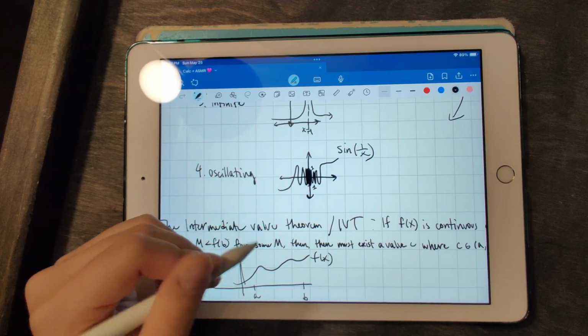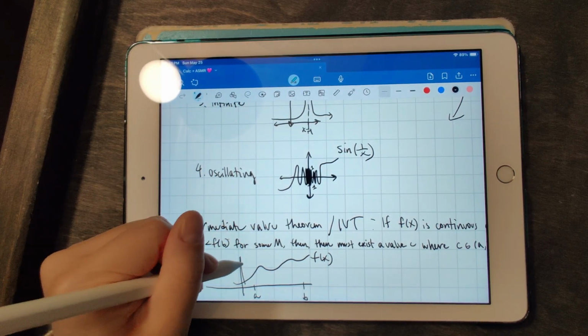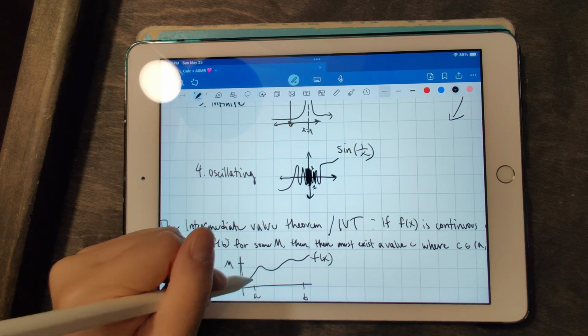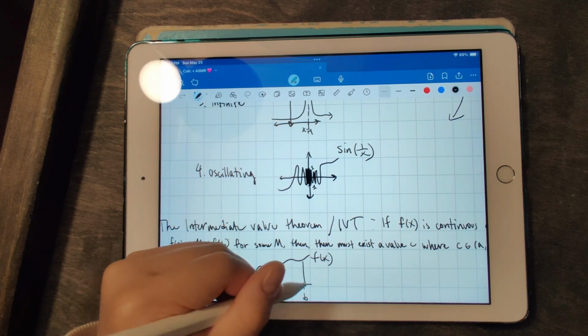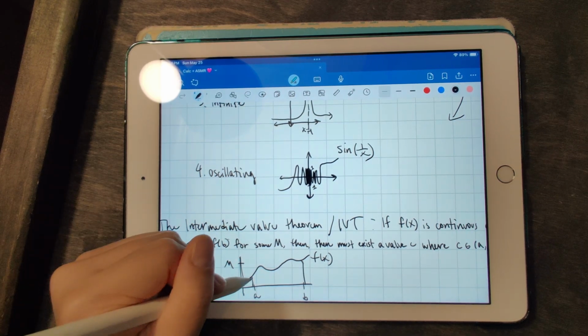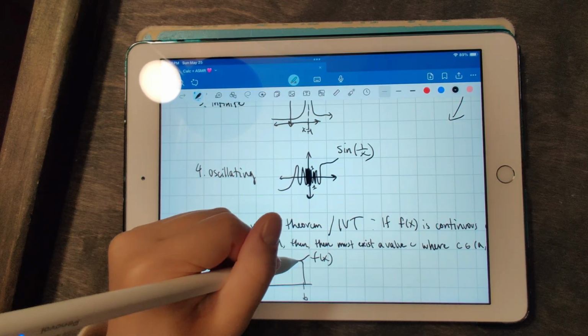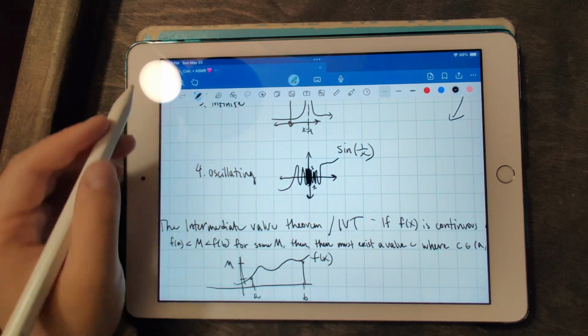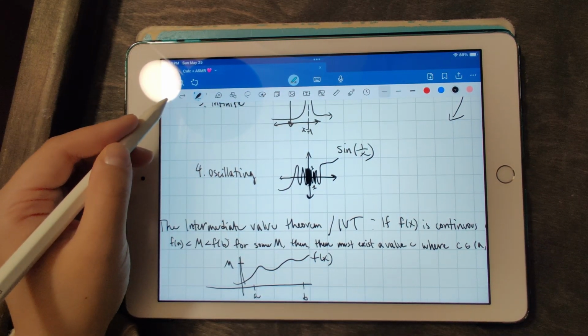Let's say there is this point m. There's a point m such that m is between f of a and f of b. Actually, that's a little close, let me draw a better map.